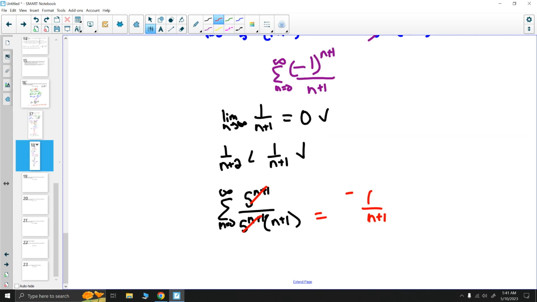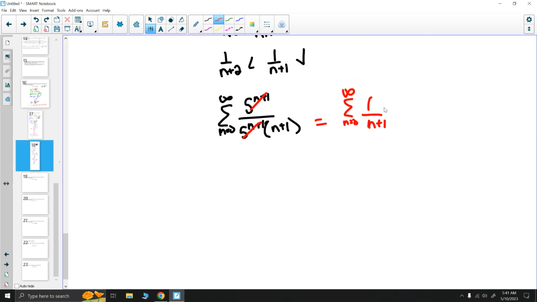Now, this is essentially a p-series. I mean, if we think about this, 1 over n plus 1 is less than 1 over n. Now, this is a p-series, and it diverges because the power here is 1, so it's a divergent p-series.